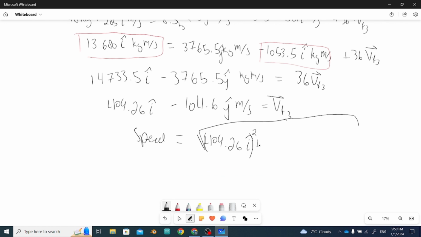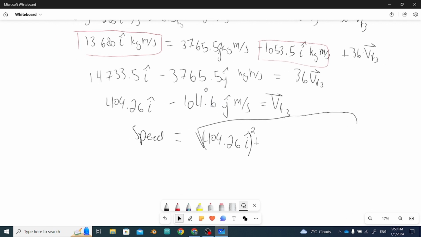Then you take this, copy that, paste that, take that here, and you also square that.